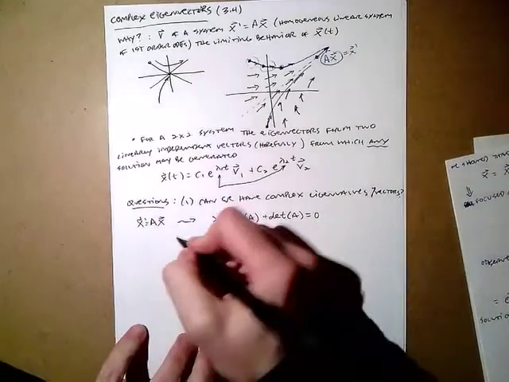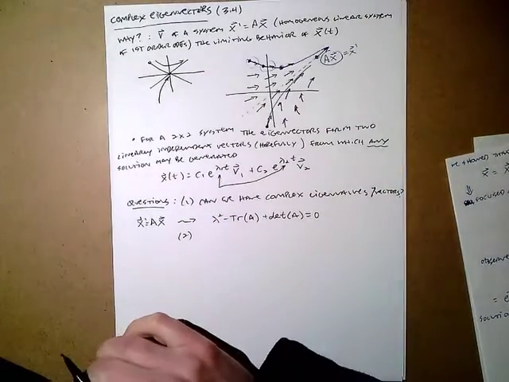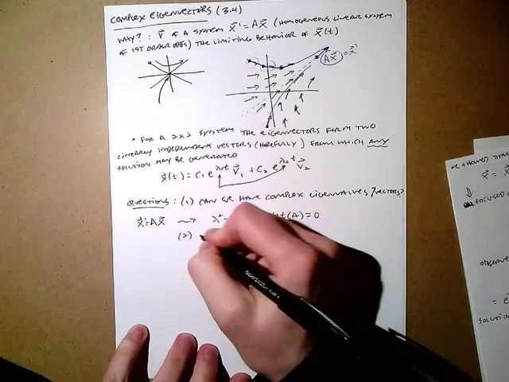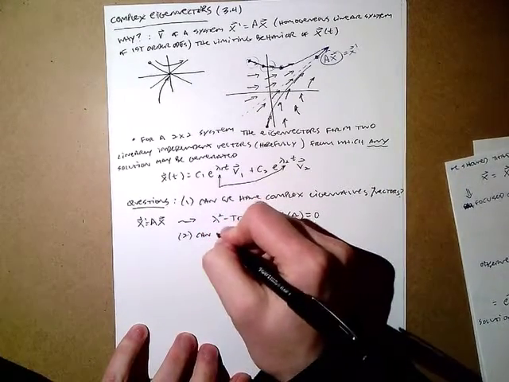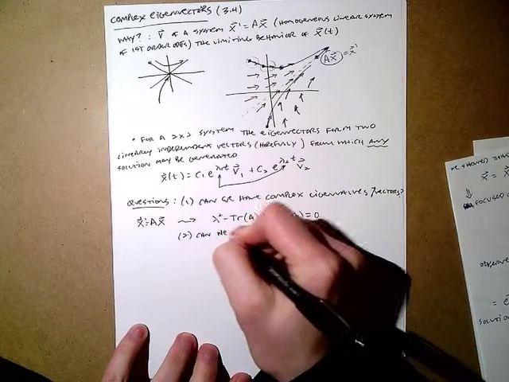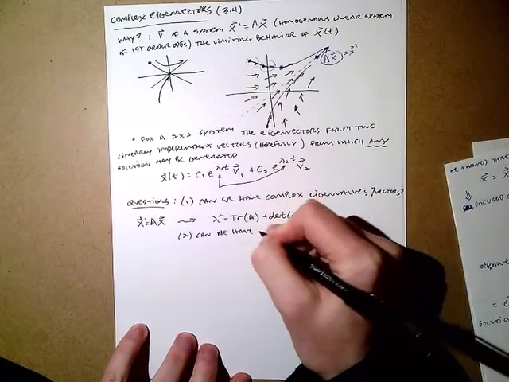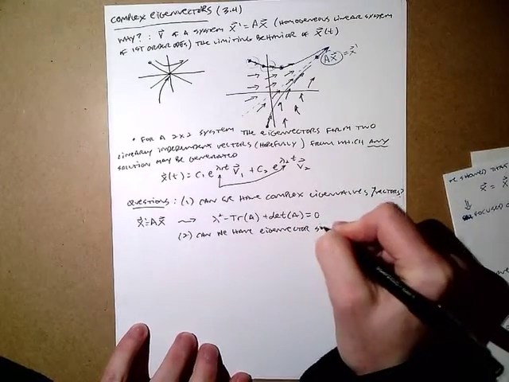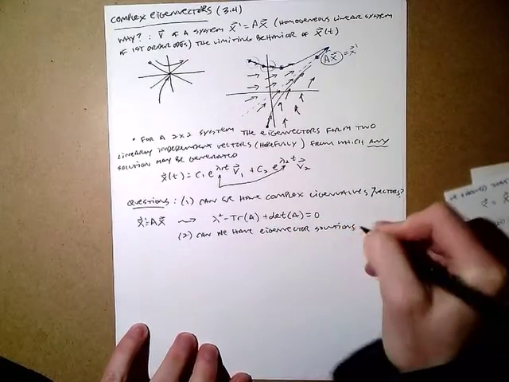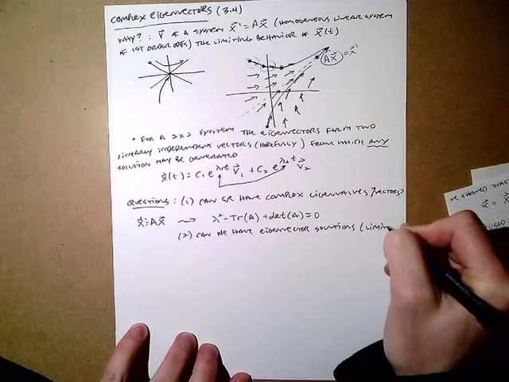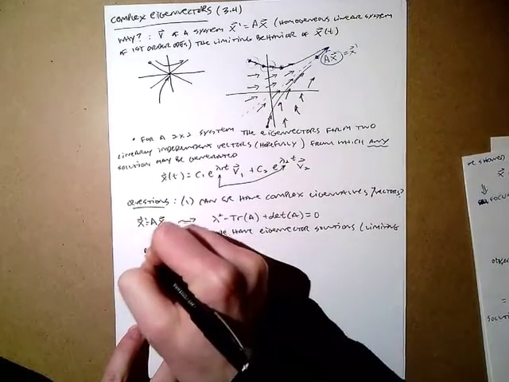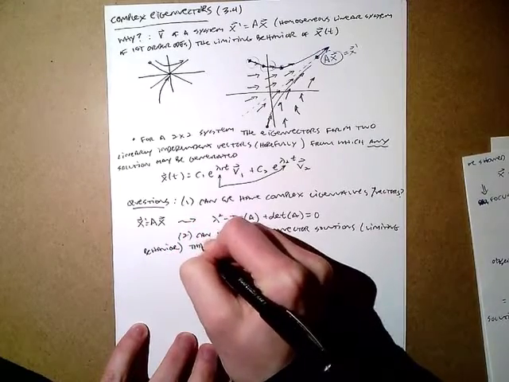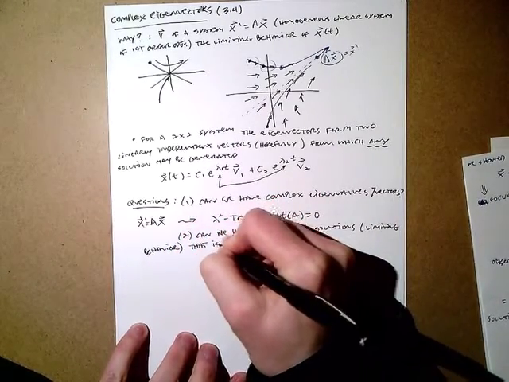Another question we might ask is, can we have limiting behavior that is not a line? So can we have eigenvector solutions, which of course represent the limiting behavior, that are not a line?